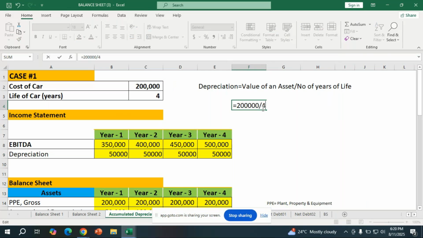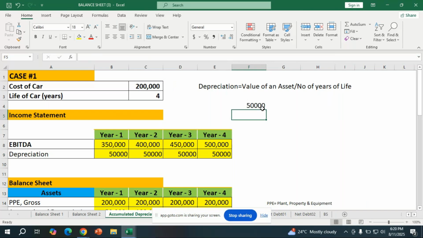So the depreciation should come to 50,000 rupees. I'll repeat again. Cost of the car is 2 lakhs. Life of the car is 4 years. So how do you calculate depreciation? Value of the asset or cost price of the asset divided by number of years of life.